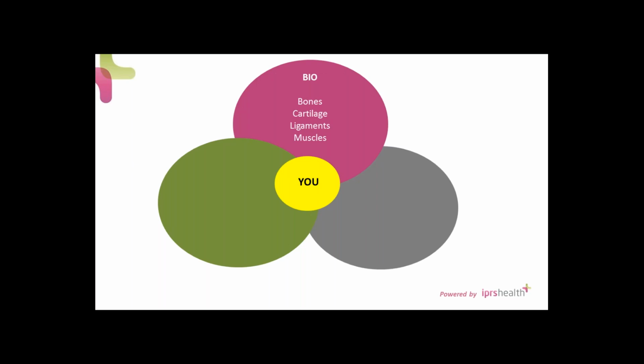So what is the state of the tissues is one thing. The psychological influence, so fear of movement, past experiences, expectations, beliefs about pain, those things all contribute as well to the level of pain that you experience, which can be surprising, but they do have an actual influence on the level of pain you experience.